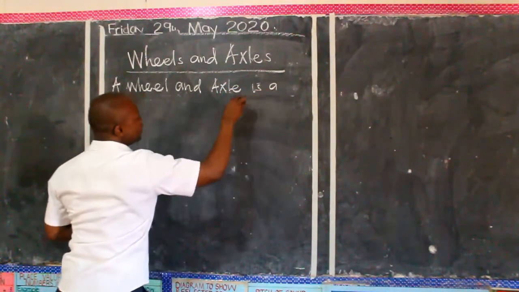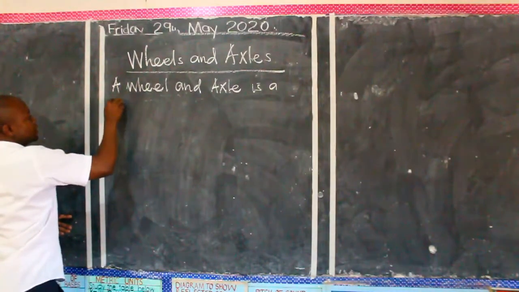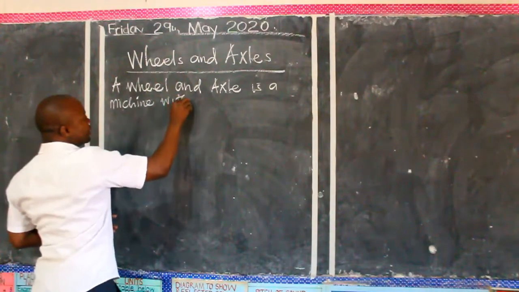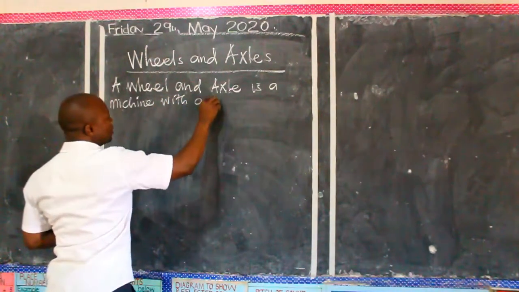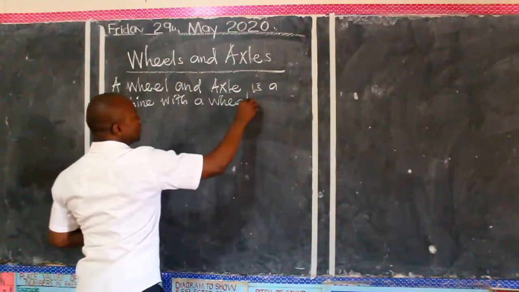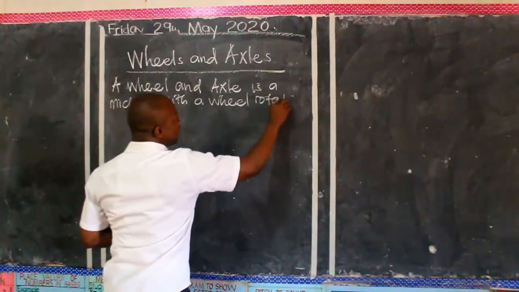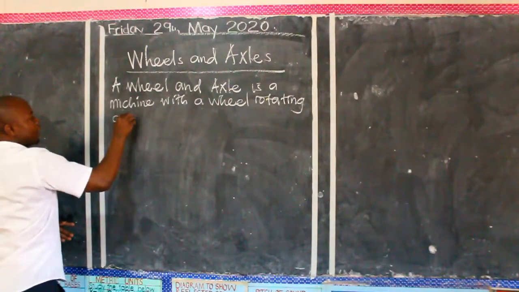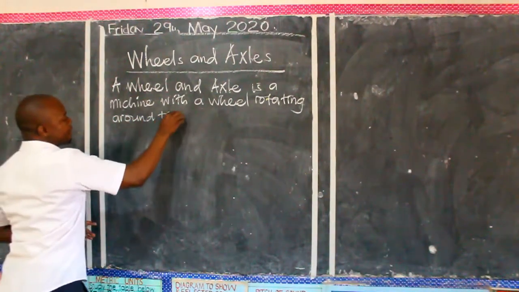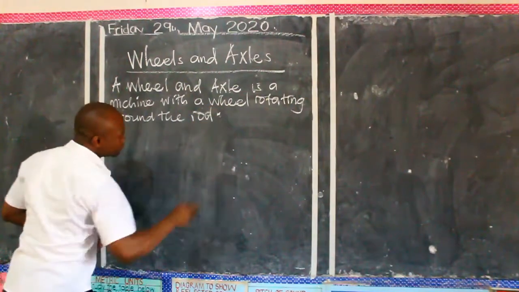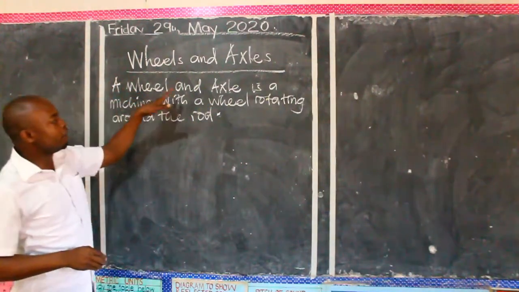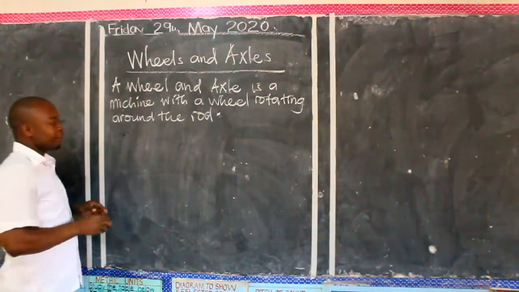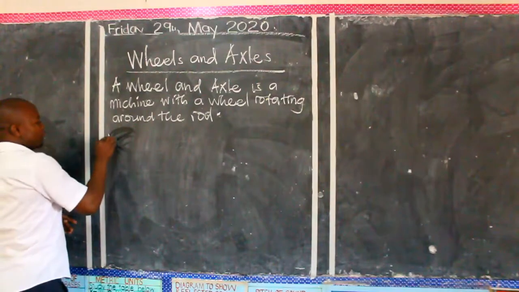So it is a simple machine with a wheel rotating around the rod. Say a wheel and axle is a machine with a wheel rotating around the what? The rod.